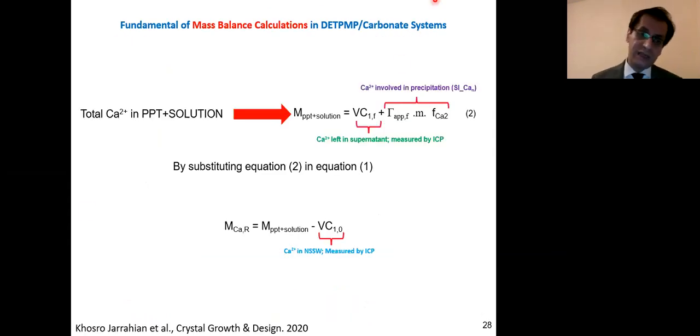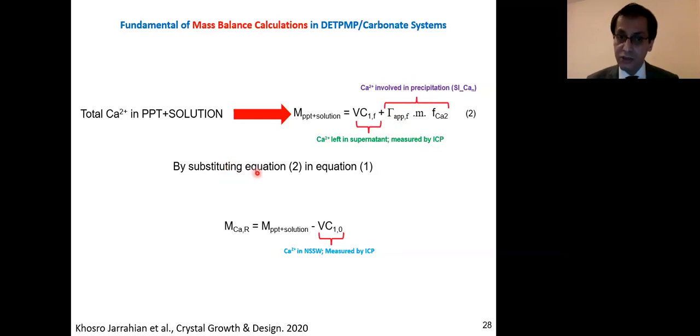On the other hand, the total calcium in precipitation and solution equals the calcium left in the supernatant, which is measurable by ICP, and some calcium involved in precipitation.